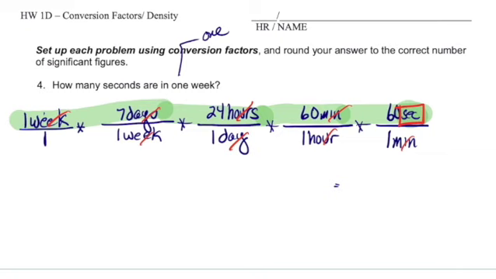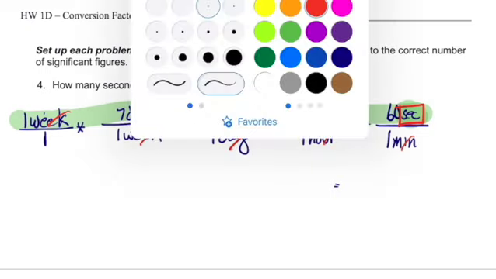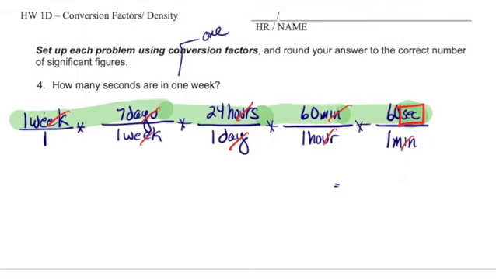So it'd be 1 times 7, of course, is 7. And then times 24, that's 168. Then we're going to multiply by 60, and we're going to multiply by 60 again. Now, my calculator answer is 604,800, and that'll be seconds, rounding.